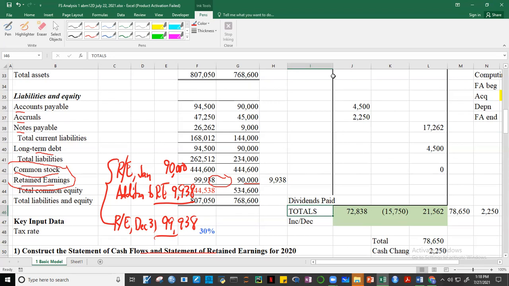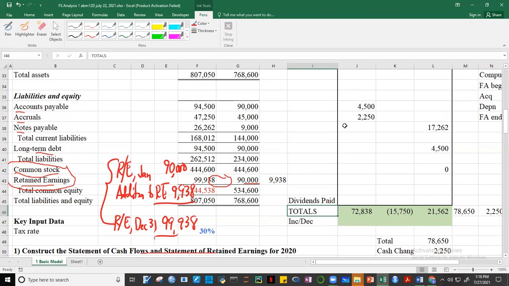Sino ba guys ang nagde-decide ng dividends? Operating, investing, financing. Remember, isa sa functions ng, di ba, yung dividend decision, sino nag-aano yan, guys? Hello guys. Sino?